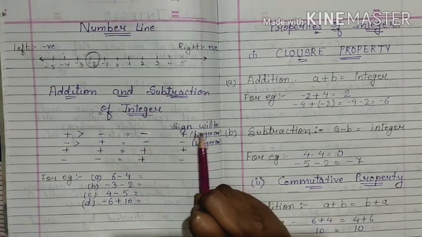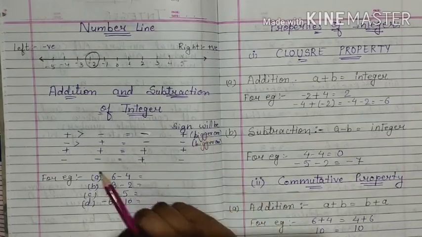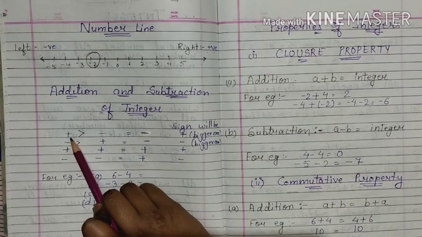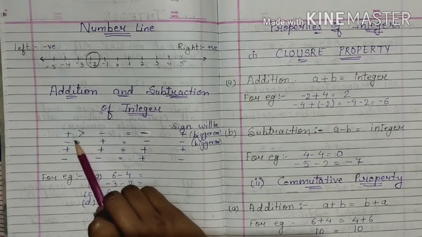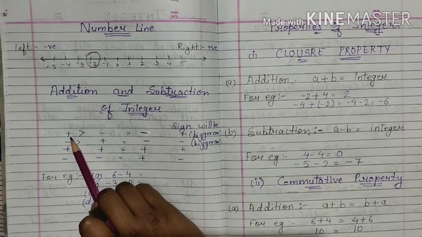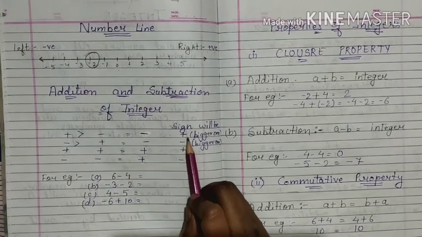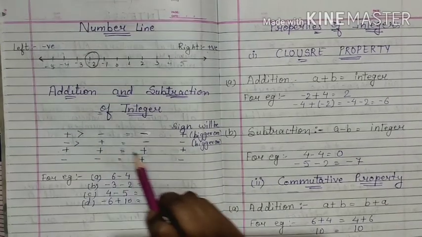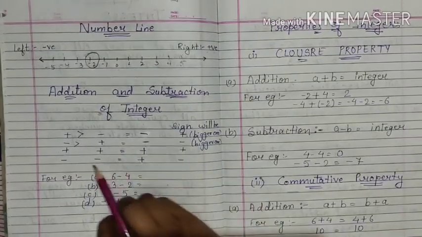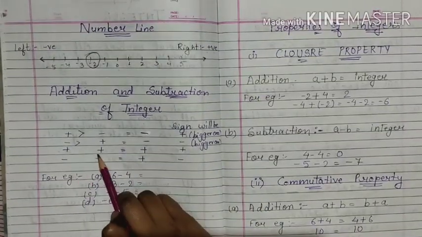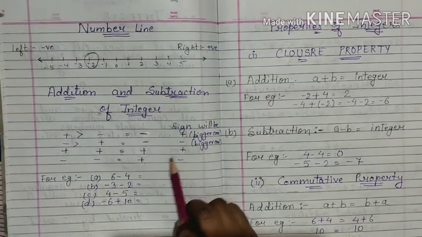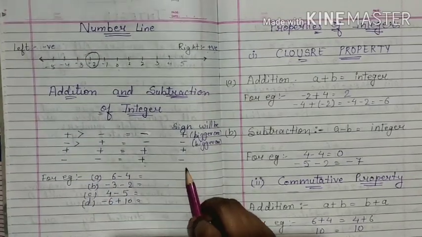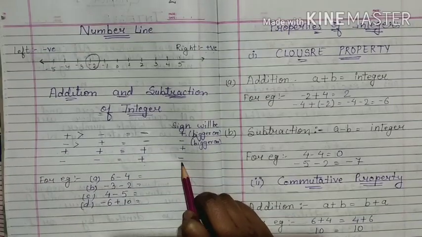What sign will we put on the answer? In plus and minus, when the plus sign is greater, then we put plus, and when the negative sign is greater, we put minus. Plus plus, we put plus, and minus minus, we will add, but the sign will be minus.